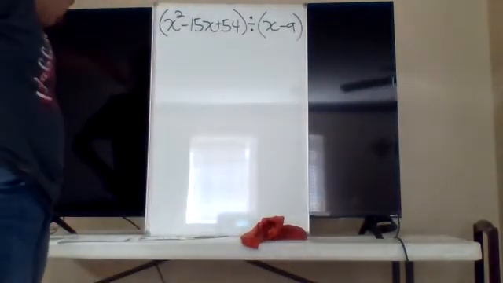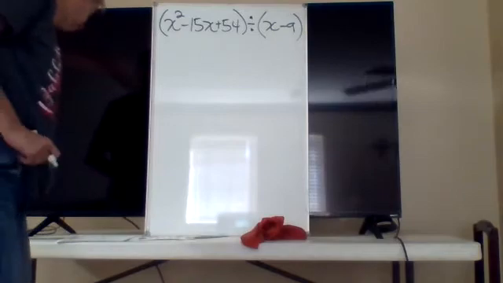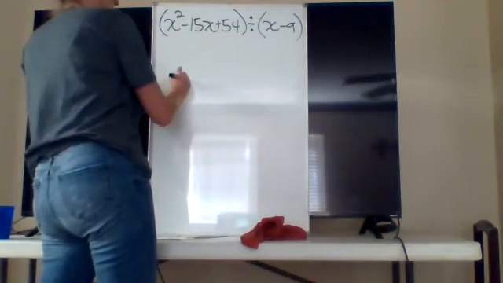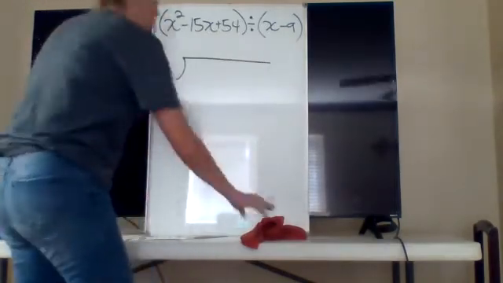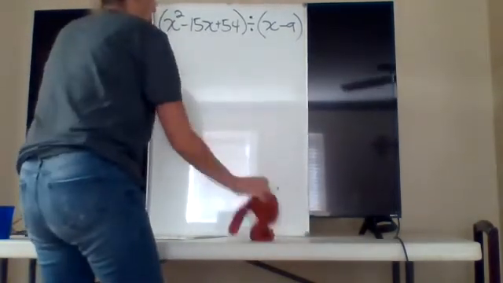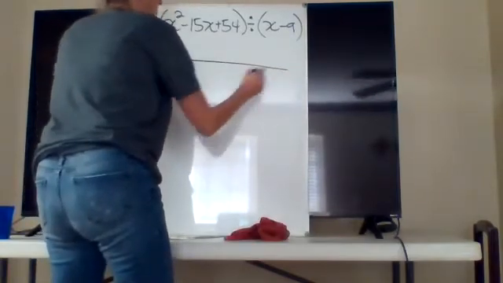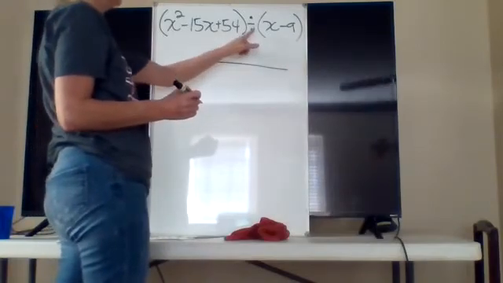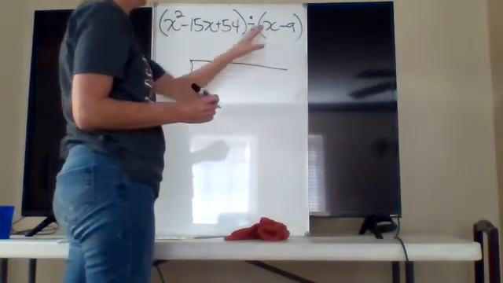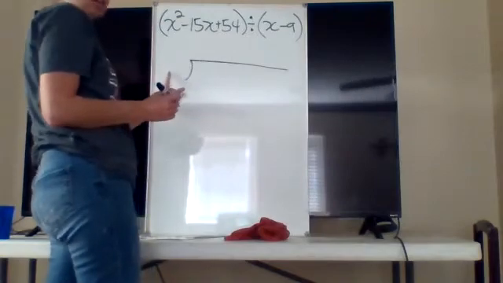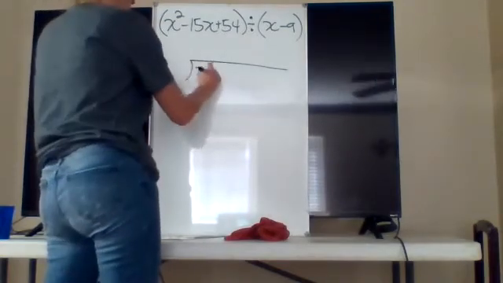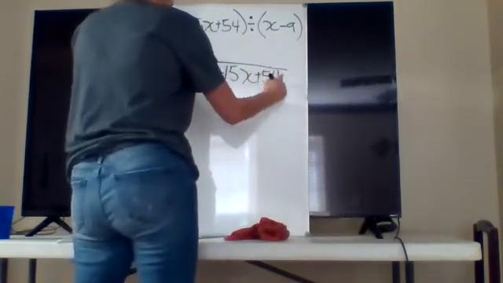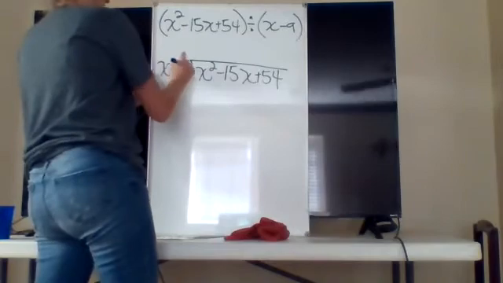So again, if we're going to write this as long division, what's inside here will go inside your division symbol, because you're doing this, x squared minus 15x plus 54, then you're going to divide it by x minus 9. What you're dividing by always comes out here.